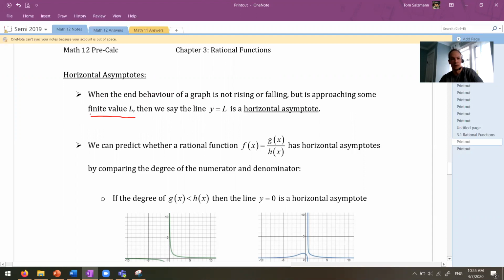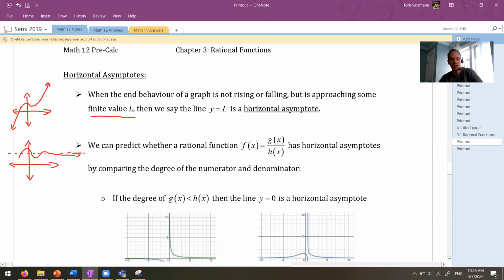Don't worry about L for now, but instead of our graph, like all normal polynomials, maybe it'll do a squiggle and then it'll shoot off to infinity and it'll shoot off to negative infinity. That's not what we're talking about now. We're talking about the end behavior actually ending up at some fixed value. So maybe our graph squiggles, but it ends up at some value, and maybe that value is 2 or 10 or whatever.